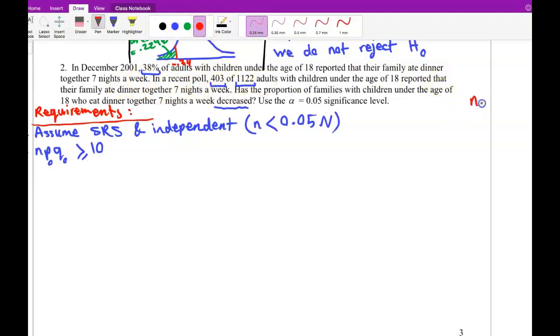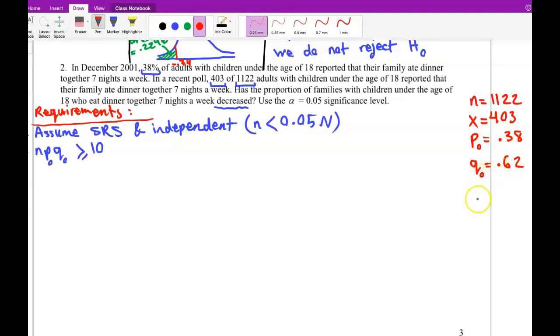We had n equal to 1122, then x was 403. P0 is 38%, so 0.38. And q0 is 1 minus p0, so 1 minus 0.38 is 0.62.